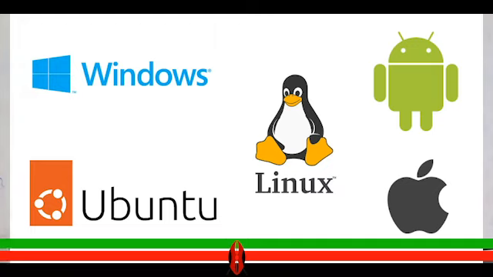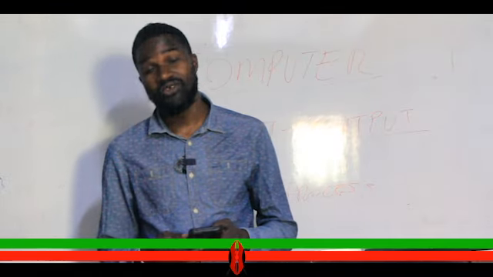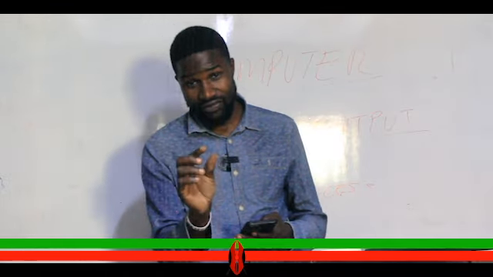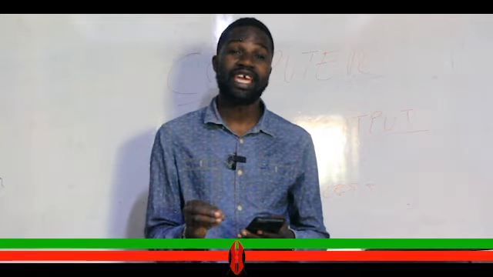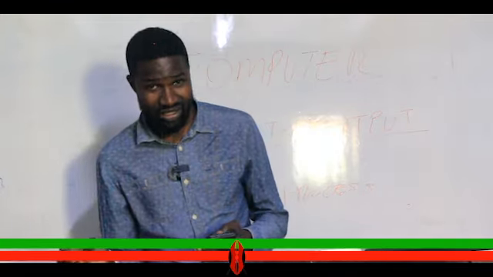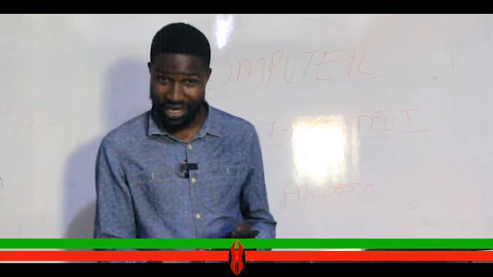Then we have different types of software: system software and utility software. System software are the softwares that are already installed when you buy a device. They allow other softwares to be installed into your device or computer.